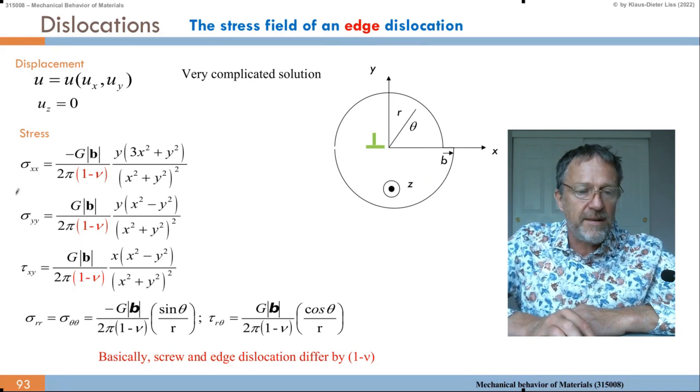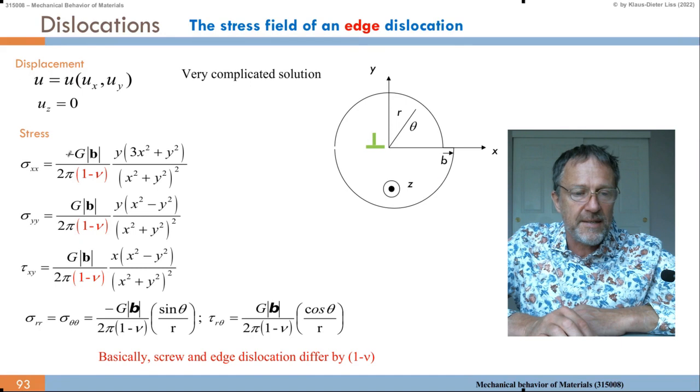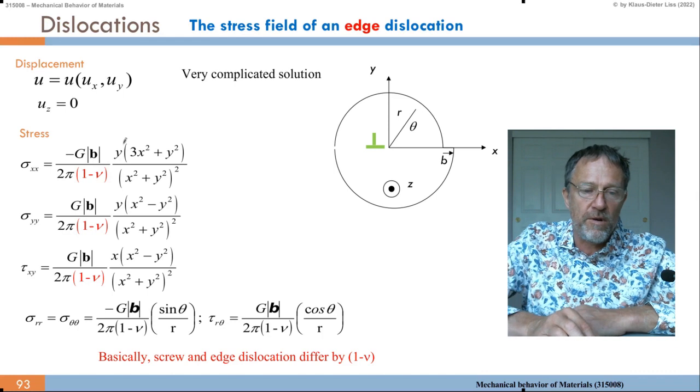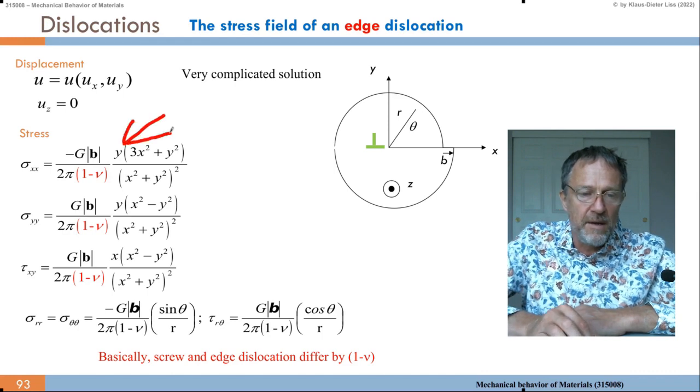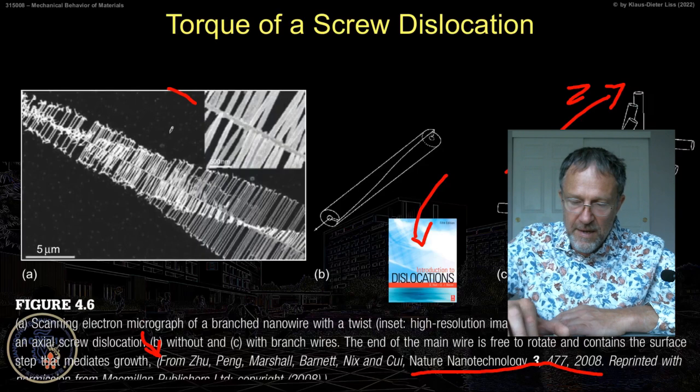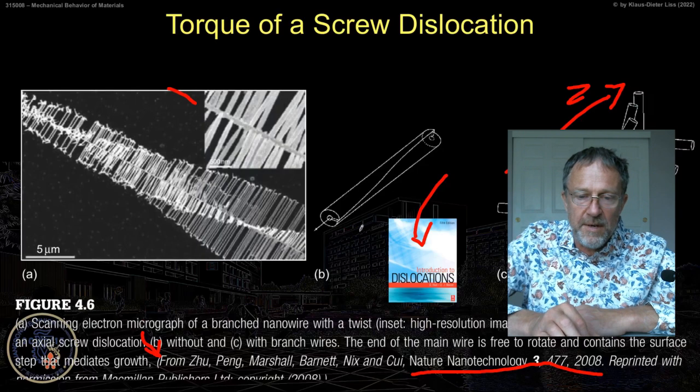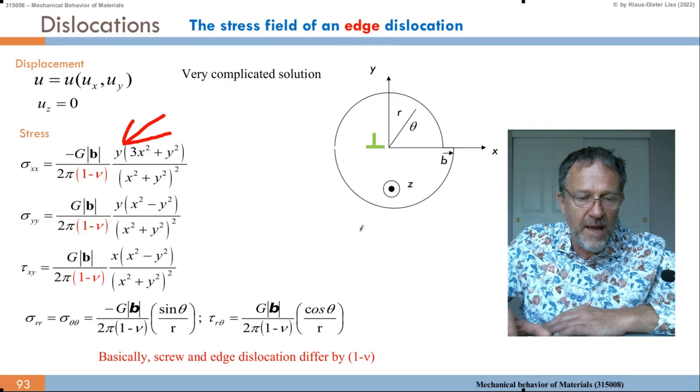So then we can write down that sigma xx becomes, we have this factor again, minus Gb over 2 pi, times 1 minus nu and this coordinate dependence. I don't go through all the details, but this is the coordinate dependence which you finally get if you look it up, for example, in this book, Introduction to Dislocations.